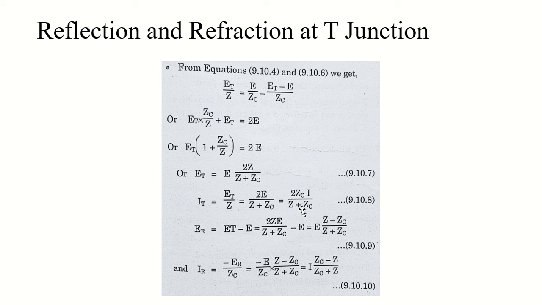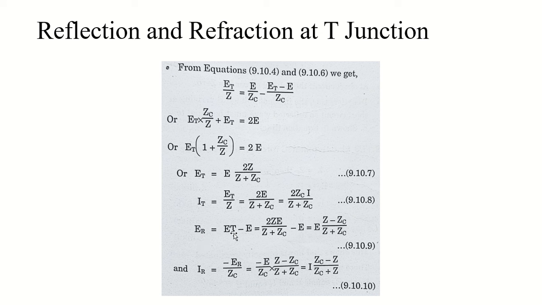And in the same way you can now do the same for ER and IR, which we did here. See, ER was basically ET minus E. So what did we do? We just substituted the value of ET, right? We simply substituted the value of ET here.